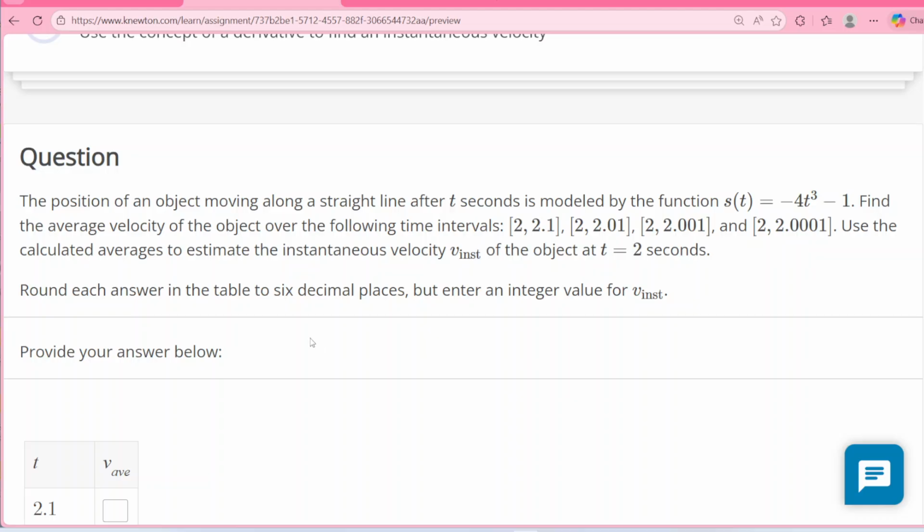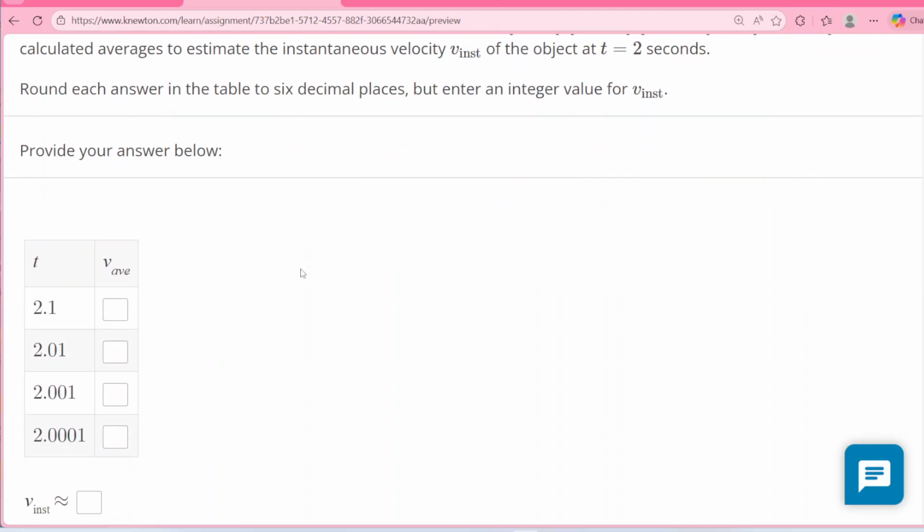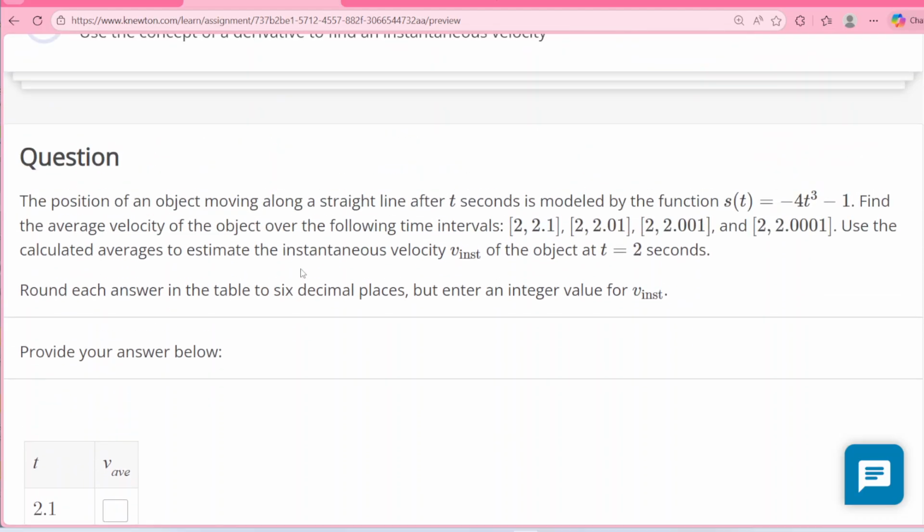Now, this is a function where you could find the velocity yourself using one of the definitions, but they're asking us to fill in this whole table here, so we will do that.